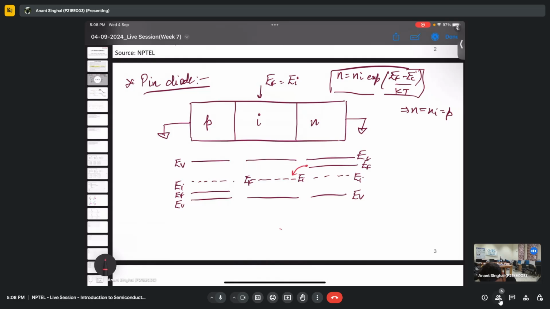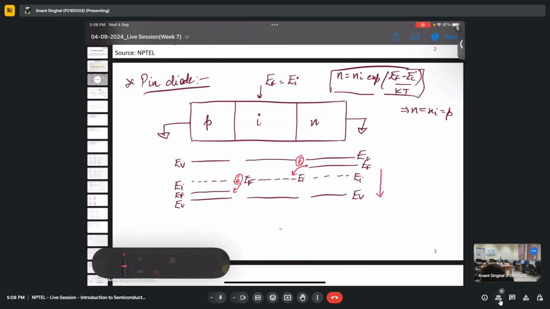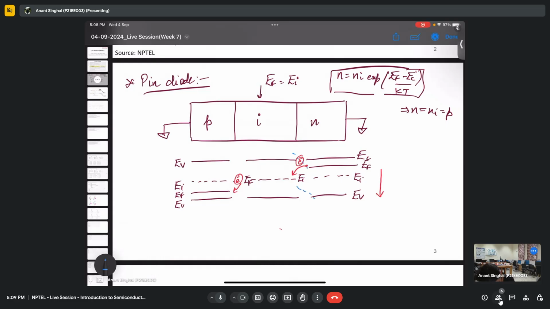The electron will flow from the higher Fermi level to the lower Fermi level, and the same goes for the other side. So since this is going down the most, the band will be bending upwards by some bit. Similarly, this is also going upwards, so it will also bend by some bit, and ultimately we will have this at the highest end.